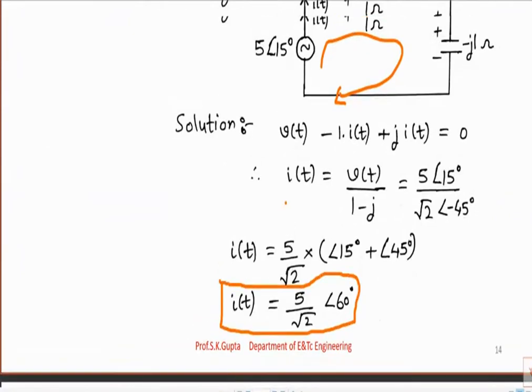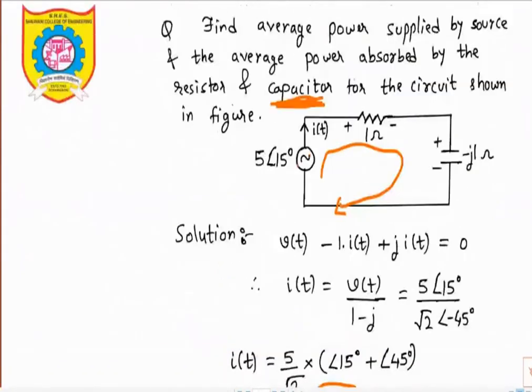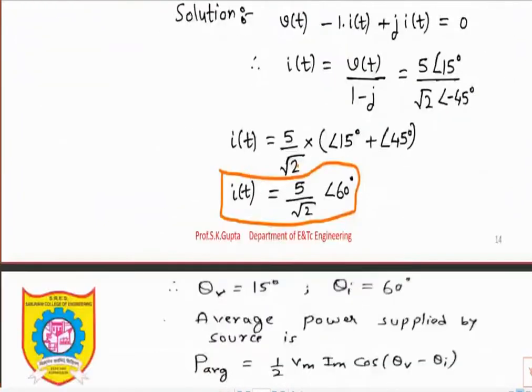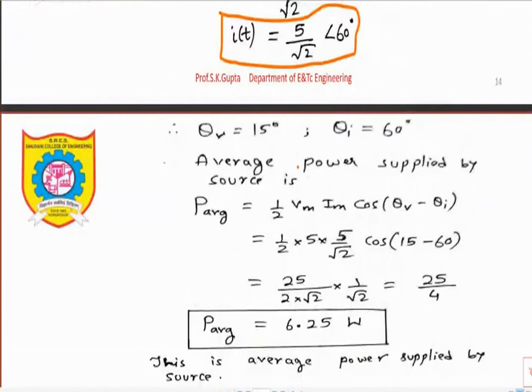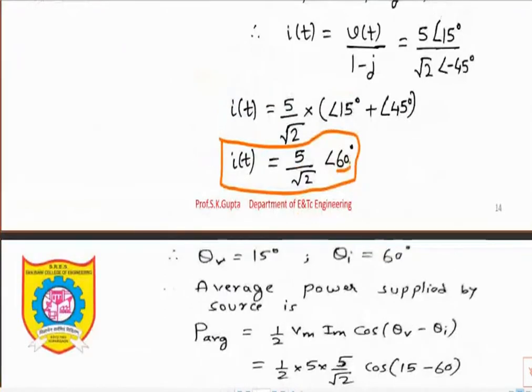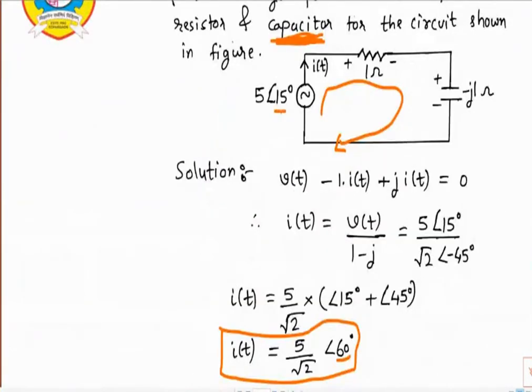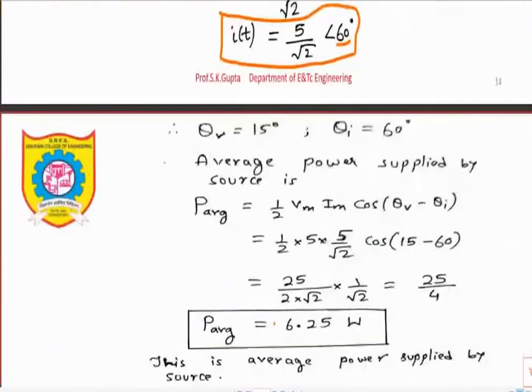So I know the current from the source, I know the voltage of the source, I can get the power supplied by the source. So current angle is 60 degree and voltage angle is 15 degree. So theta V is 15 degree, theta I is 60 degree. Average power formula: 1 by 2 Vm Im cos of (theta V minus theta I). Very standard formula.